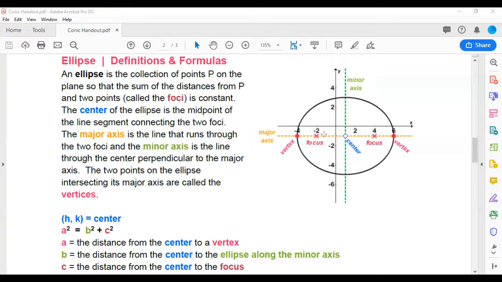In other words, A squared, this longer distance, is the same as the shorter distance squared plus this shorter distance squared. That's a relationship we'll need if you know, for example, B and C but you don't know A, or if you know A and C but you don't know B. So this relationship between A, B, and C is going to be important.